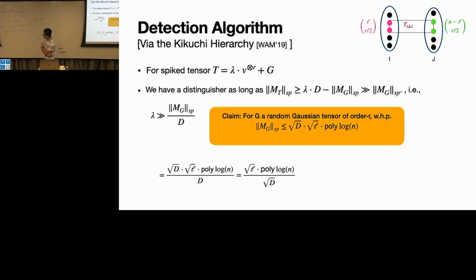Rearranging, this gives us a distinguisher when lambda is order root L over root D times some extra polylog factor. Then if we plug in the degree D, which is the product of n choose L to the R over 2 and n to the R over 2, rearranging, you can see that this is the threshold that you get from this algorithm that runs in time n to the order L.